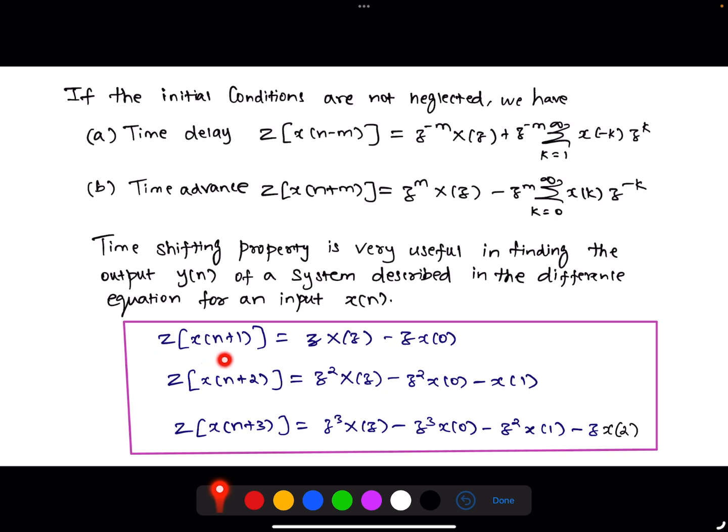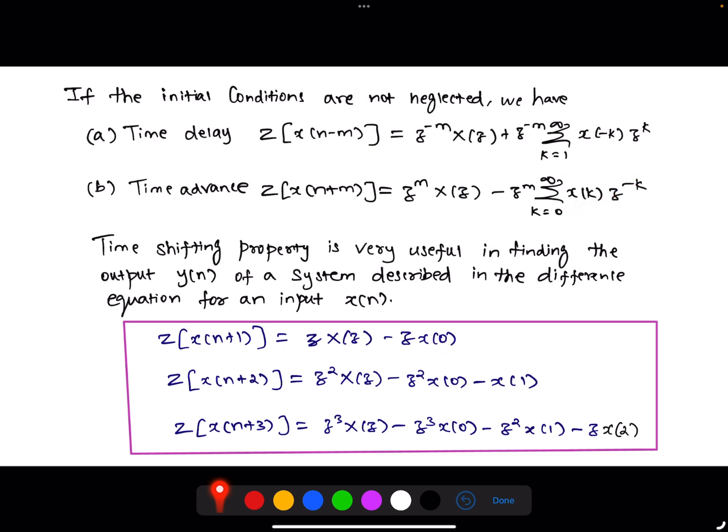Z of x of n plus 1 equals z into x of z minus z into x of 0. So how do we arrive at this result? You just replace m as 1 here. So z power 1 is z into x of z minus z to the power 1, which is z, into expand the summation: x of 0 into z power 0, which is 1 into x of 0, which is x of 0.